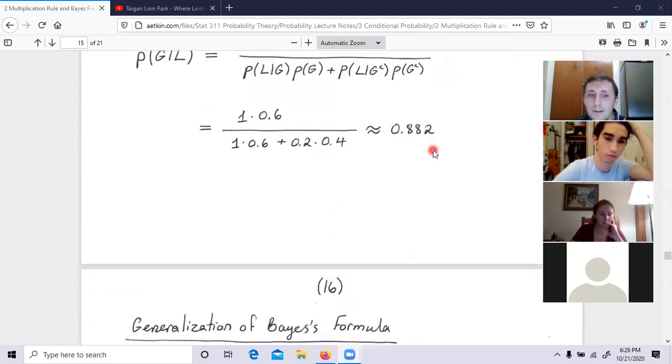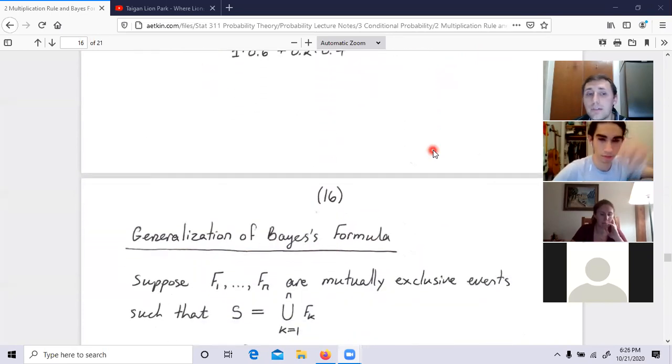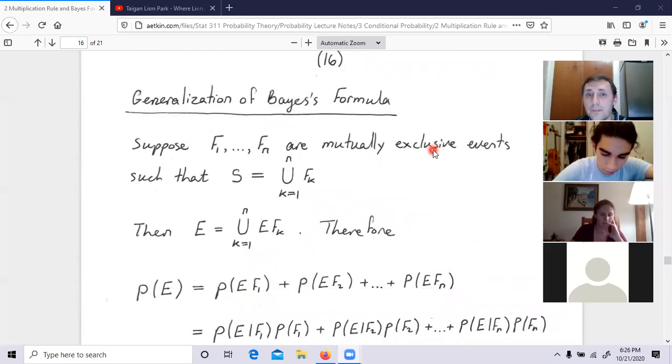Okay? Now, here is a generalization of Bayes' formula, right? So there is no reason to condition on only 2 outcomes, guilty or innocent. There is all this spectrum. In fact, you can condition into maybe infinitely many events. But here we just do finitely many. So suppose that F1 through Fn are mutually exclusive events and their union is the full sample space.